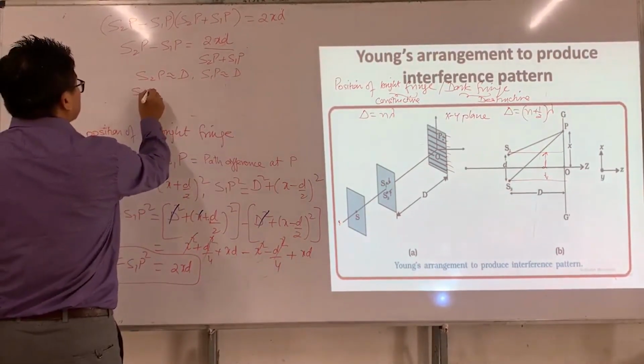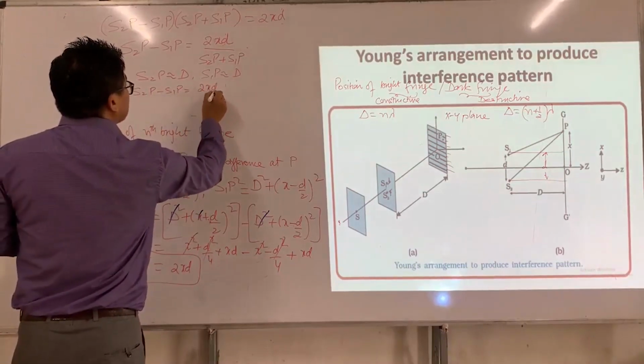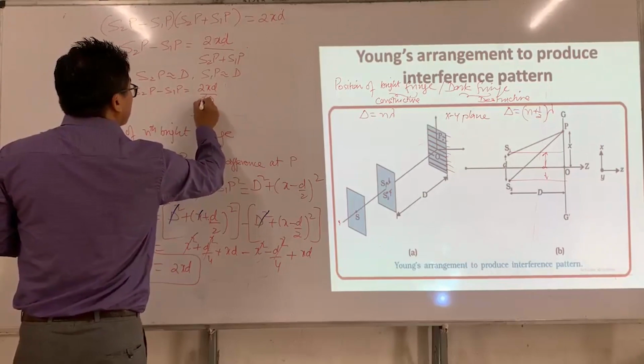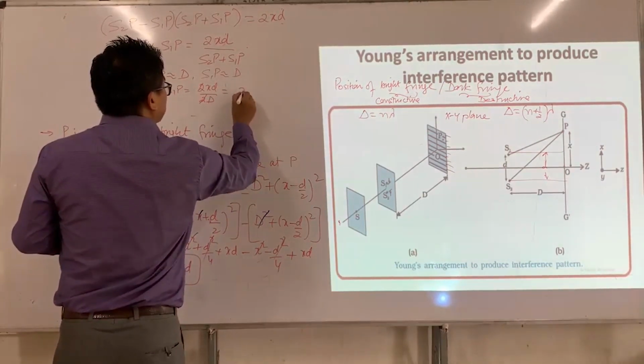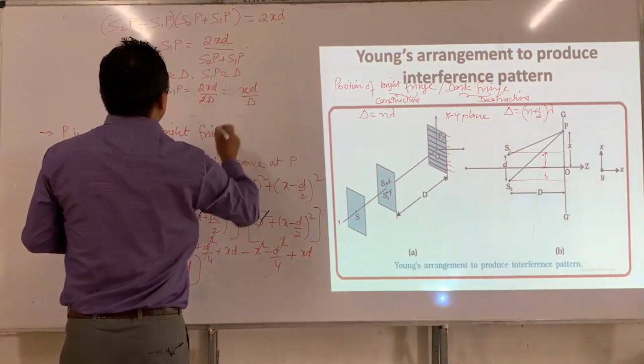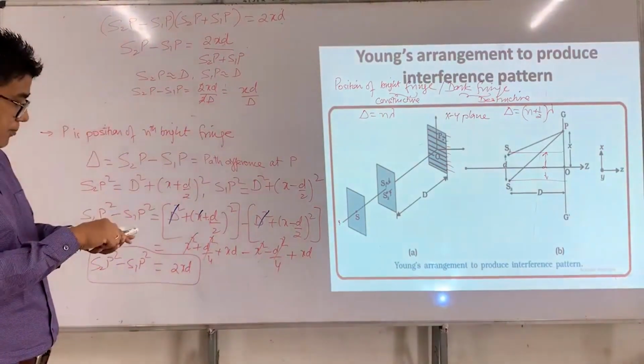Therefore, what I'm going to get is, the path difference is equal to 2xd by 2d. Cancel out the 2, so we get xd by d. So this is the path difference we obtained.